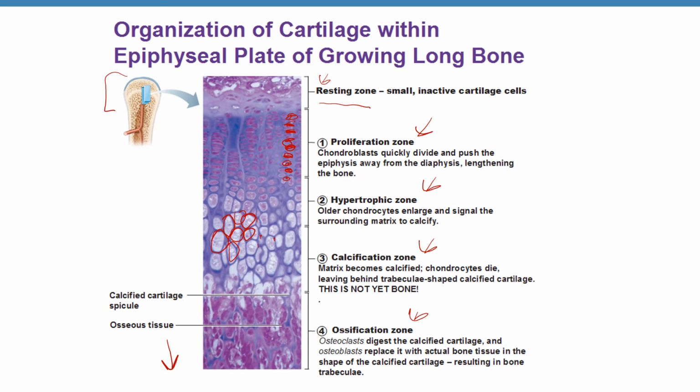So they start depositing calcium in extracellular matrix, and this is where we have calcification. So matrix became calcified, and because it became really rigid, it's not easy for nutrients and oxygen to diffuse through this hard matrix. That's why chondrocytes die. And what they leave behind is trabecular-shaped calcified cartilage that is not a bone yet.